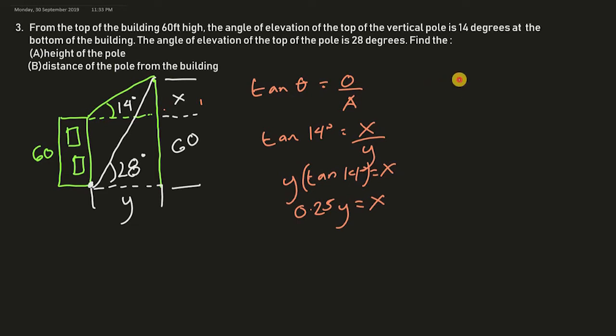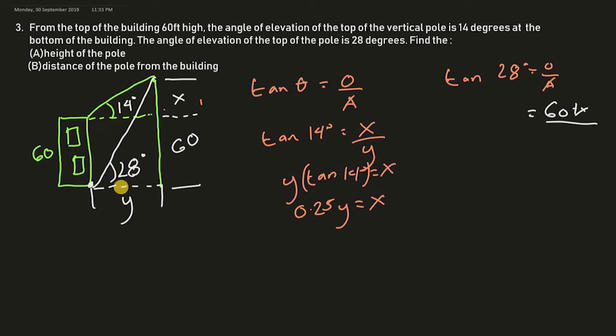Okay. Now, I'll solve for the value of tan 28 degrees. Dito naman tayo. The opposite is this whole vertical pole. So that would be 60 plus x. Opposite of 28 is this vertical pole, I-add natin kasi kasama to, 60 plus x.